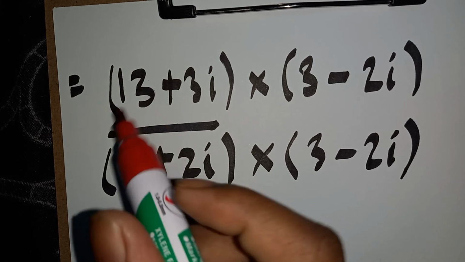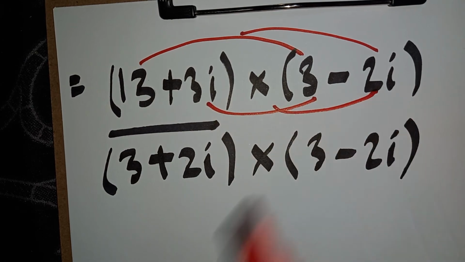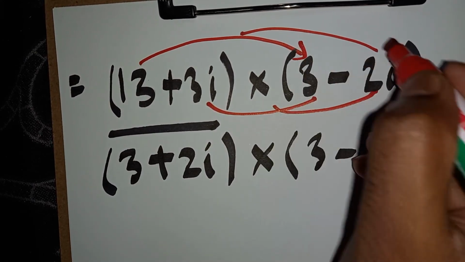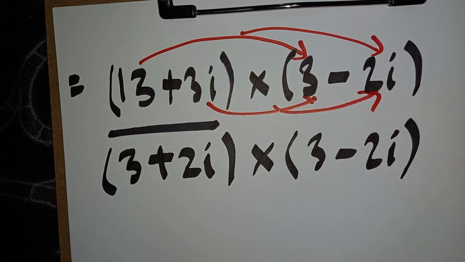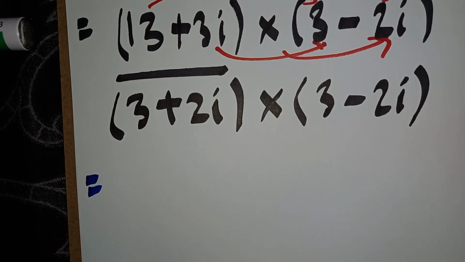Okay, so use the expansion, right? If I do that, I will be getting something as, let's see, 13 times 3 is basically 39.